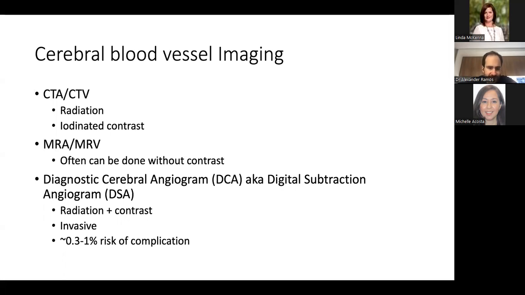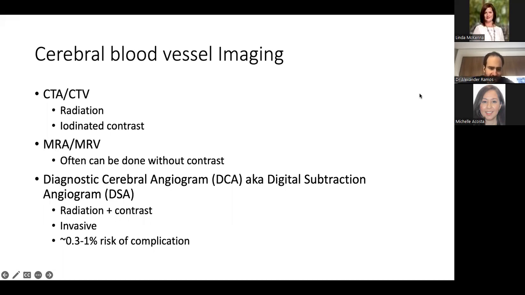And then finally, there's the diagnostic cerebral angiogram, DCA, or you might often see the old-school abbreviation, digital subtraction angiogram, DSA. This is the gold standard to diagnose most lesions of the cerebral vasculature, including fistulas, aneurysms, et cetera. The downside is you get radiation and contrast, usually more contrast than a CTA/CTV.